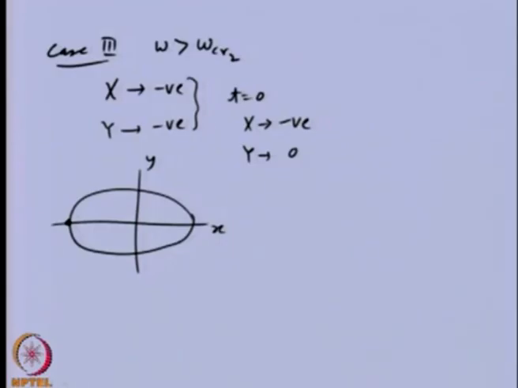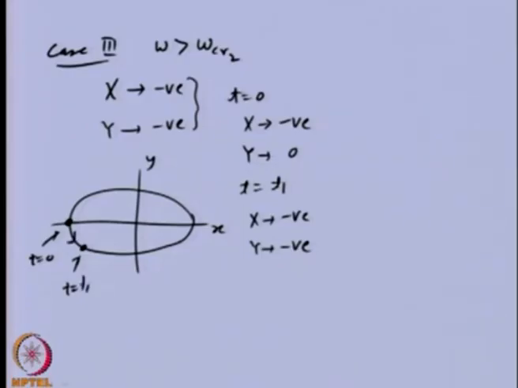So, that means we are starting with this position. For time t equal to t1, x remains negative, y is negative now. So, the only possibility is it will occupy this position at t equal to 0 here, and at t equal to t1 here.